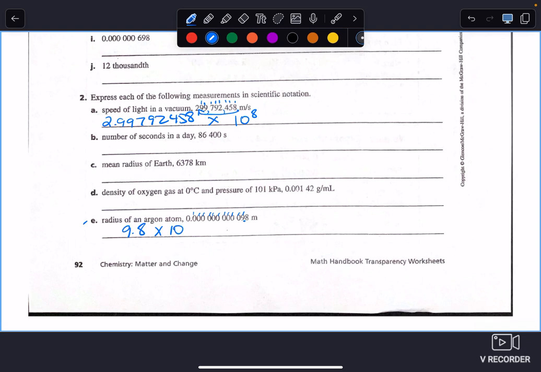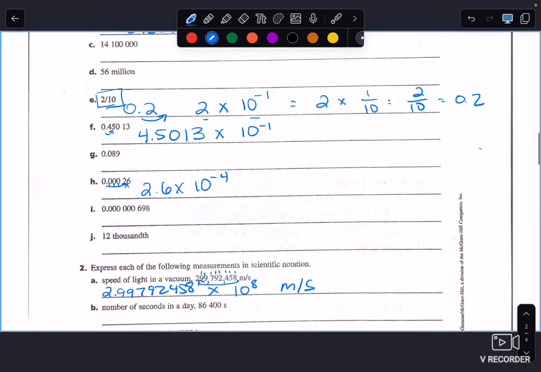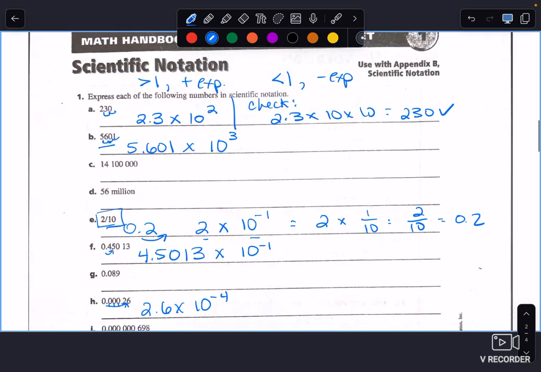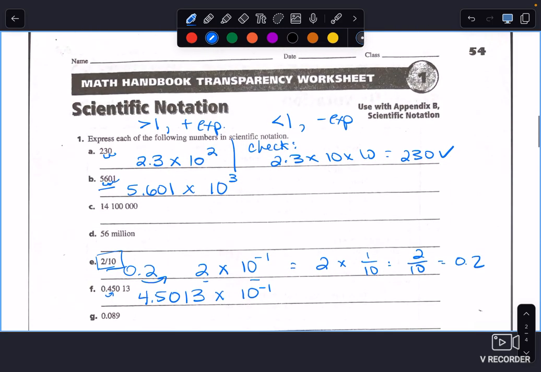And it's a very small number, so we're going to use a very small exponent, negative 11. And don't forget your meters here and your meters per second here. If there are units there, you have to keep the units in it because it's a measurement. Okay, so stop the video and work on the rest. And then come back to the video again and check your answers.